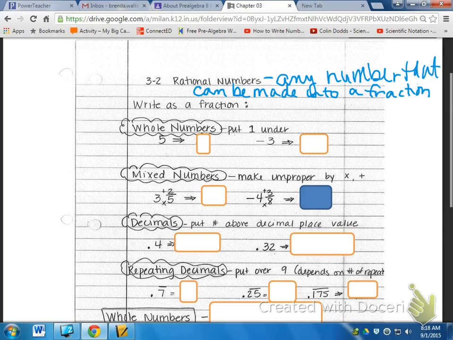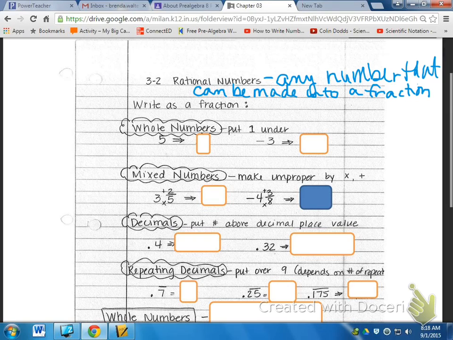If it's a decimal number that does not repeat and it never ends, it never stops, that is what's called irrational. So pi is probably the most famous irrational number. And we'll talk more about irrational numbers later in the year when we start talking about square roots, because a lot of those are irrational.